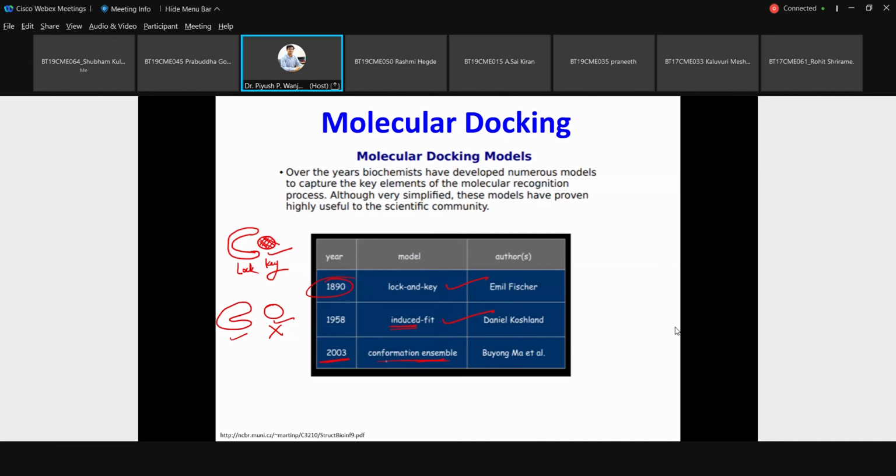What is conformation? Changing the structure a little. Conformation means structure, and ensemble means a collection, a group of.